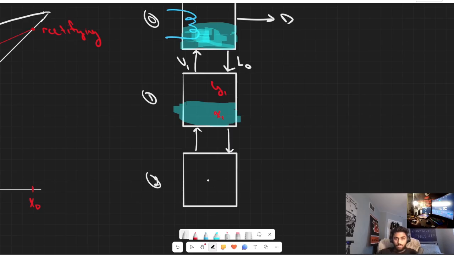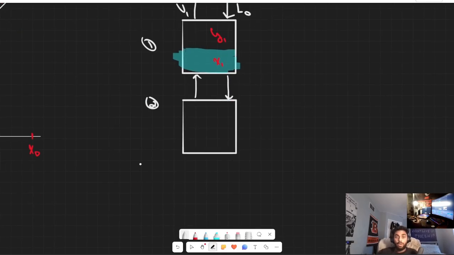Stage 2. And I'm going to put this a little higher because what I want to do here is add in our feed. So you might be wondering, does it matter if my feed is bubbling through the liquid phase, or should we shoot it directly into the vapor phase?